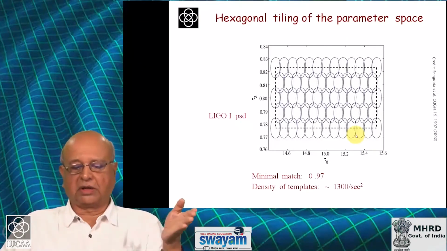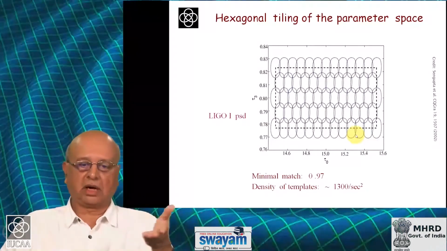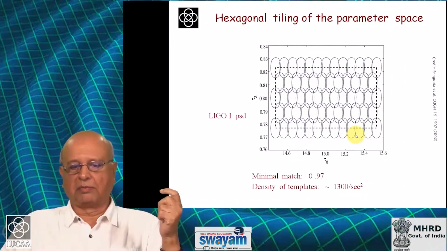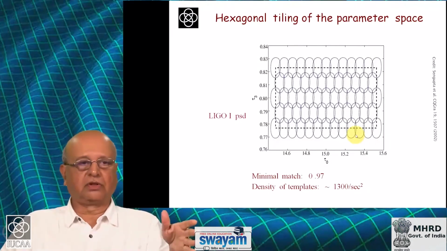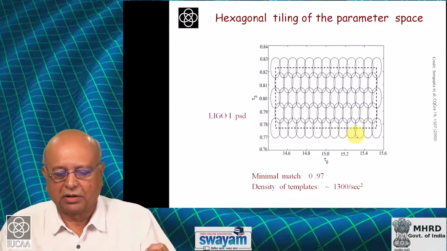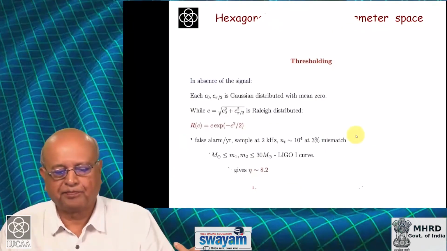So there are something like 10,000 templates for initial LIGO, and one has to search over this whole lot of templates to search for the signal between 1 solar mass and 30 solar masses. And as I said, you can search over the time of arrival and phi naught very quickly using FFT and quadratures.